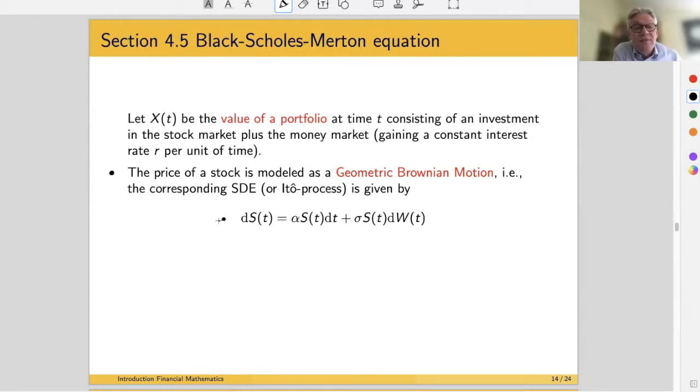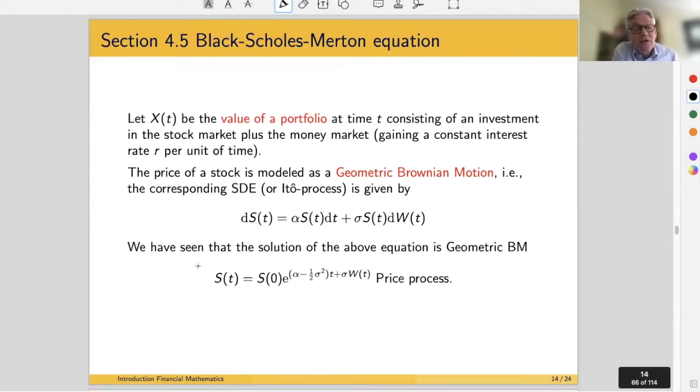We have seen that before. It's connected to the Ito process, and we know the solution to this. You remember the solution from the previous lecture: St is equal to S0 e to the power alpha minus 1/2 sigma squared t plus sigma Wt. That is the price process that we will be using.